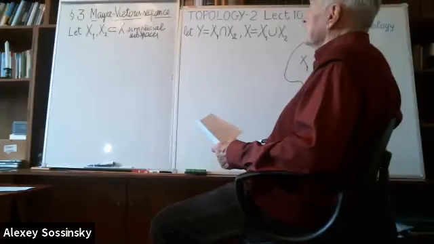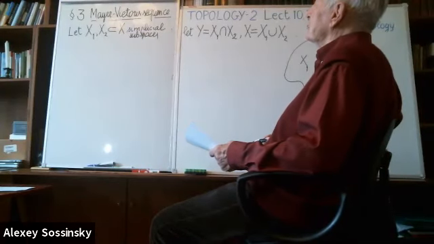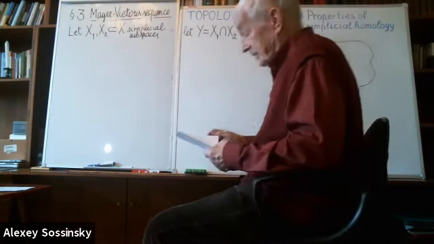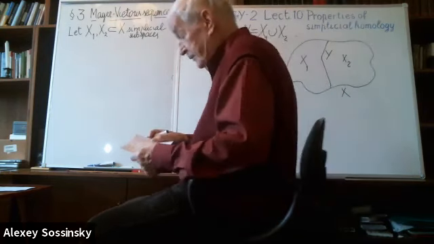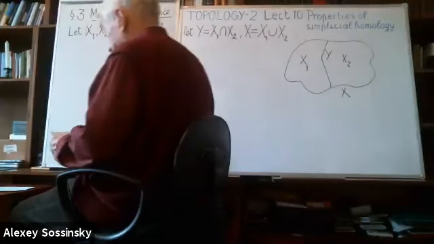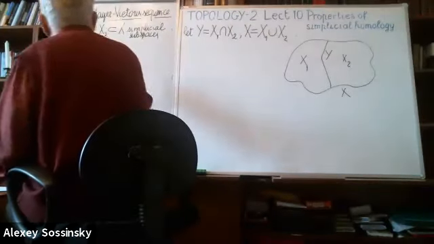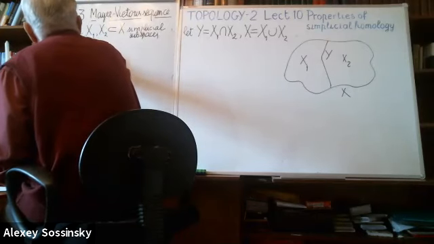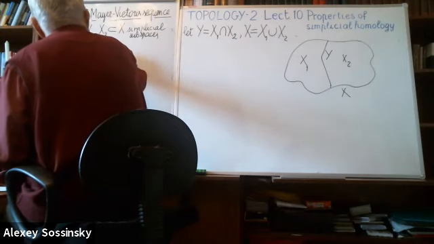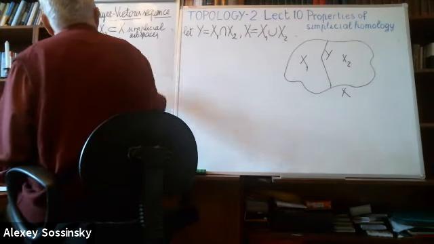And the exact sequence that we will now write out involves all these characters. It has the following form. We begin with H_n(Y), of course, the smallest character here.